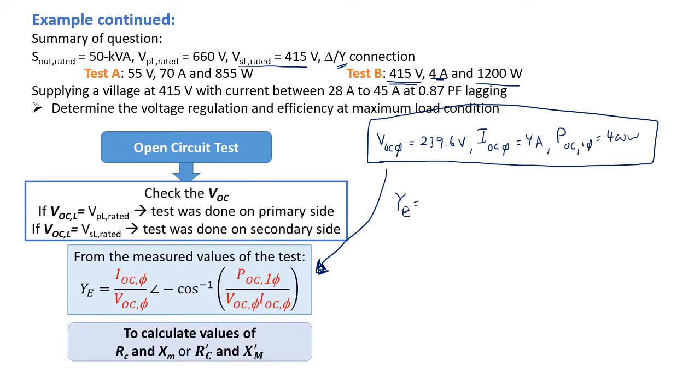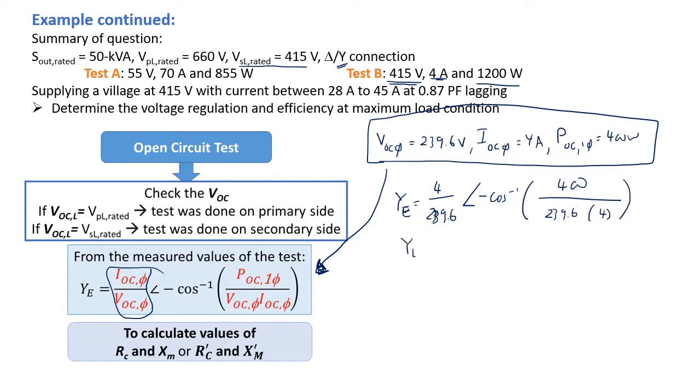So YE, the magnitude is the single phase current divided by the phase voltage, so 4 divided by the phase voltage 239.6, and the angle is negative inverse cosine of single phase power 400 over the phase voltage 239.6 times the phase current 4 amperes.